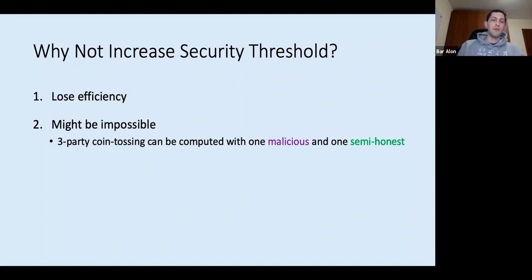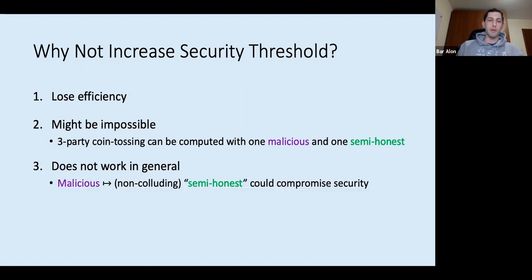And lastly, if we look more carefully at how we actually define security, it turns out that in general, this doesn't work. What do I mean by doesn't work? It might be the case that if we increase the security threshold, the protocol is secure. But if we take one of the malicious parties and turn it into a semi-honest party that does not collude with the adversary and only tries to infer information on its own, then suddenly, by weakening the adversary, this somehow compromises security.